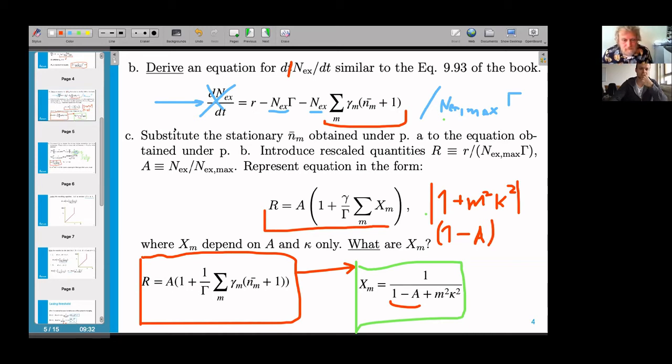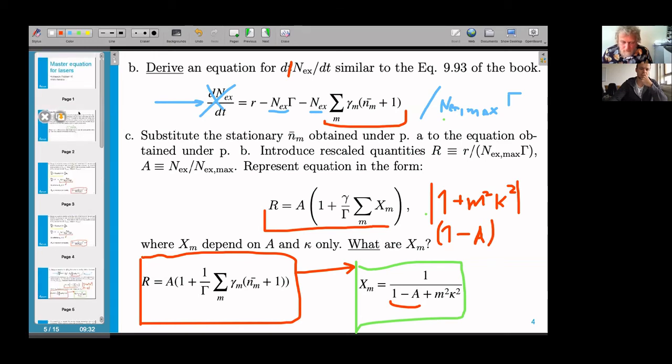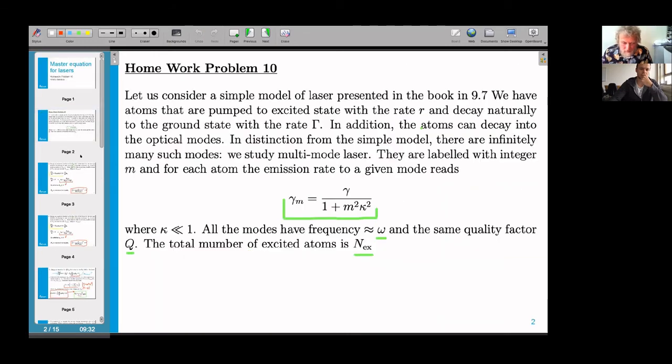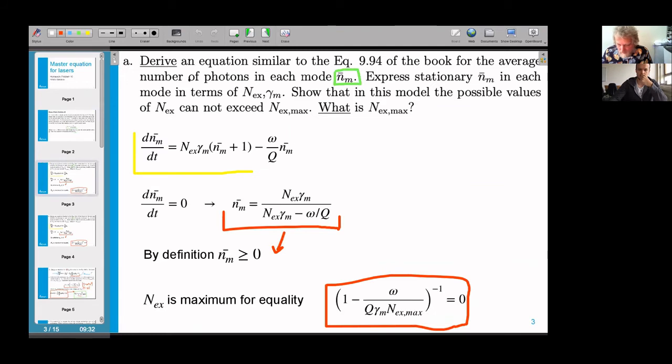And in slide A, is a minus sign missing? I'm just trying to understand what Mohammed is telling. Can you speak up, maybe? Sure.